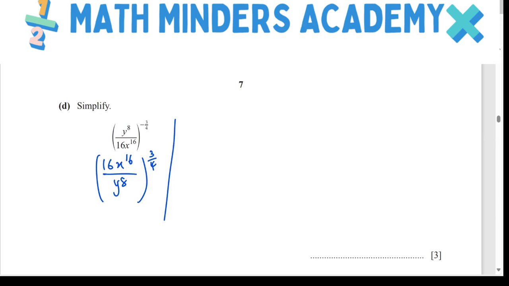Write 16. If you look at 16, 16 is actually 2 raised to power 4. And y raised to power 8 is also y squared all raised to power 4, okay?